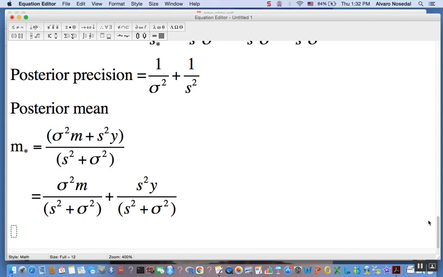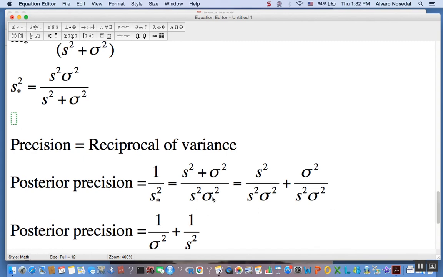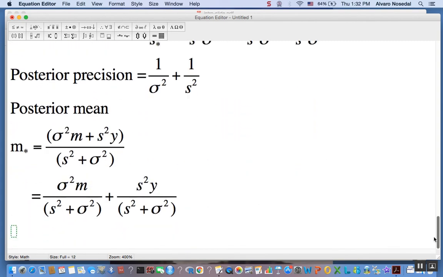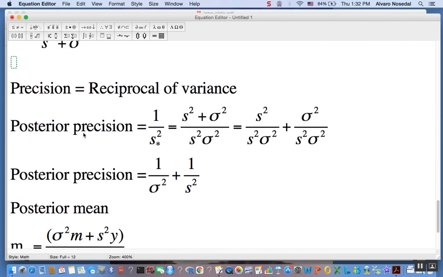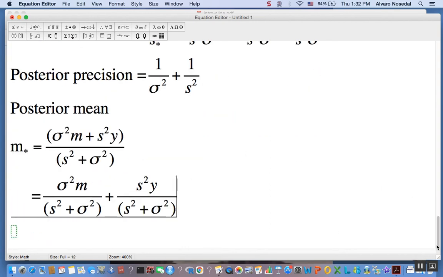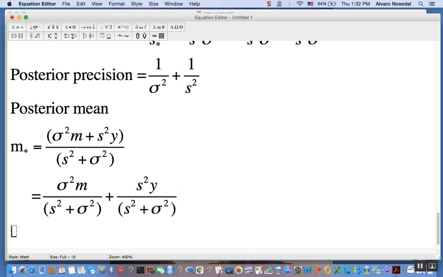So if we divide our numerator and our denominator by s squared times sigma squared, what we're going to be doing is we are going to make the posterior precision magically appear there. So that's what we're going to be doing next. We're going to be multiplying the numerator and denominator by that quantity. Okay, here we go.